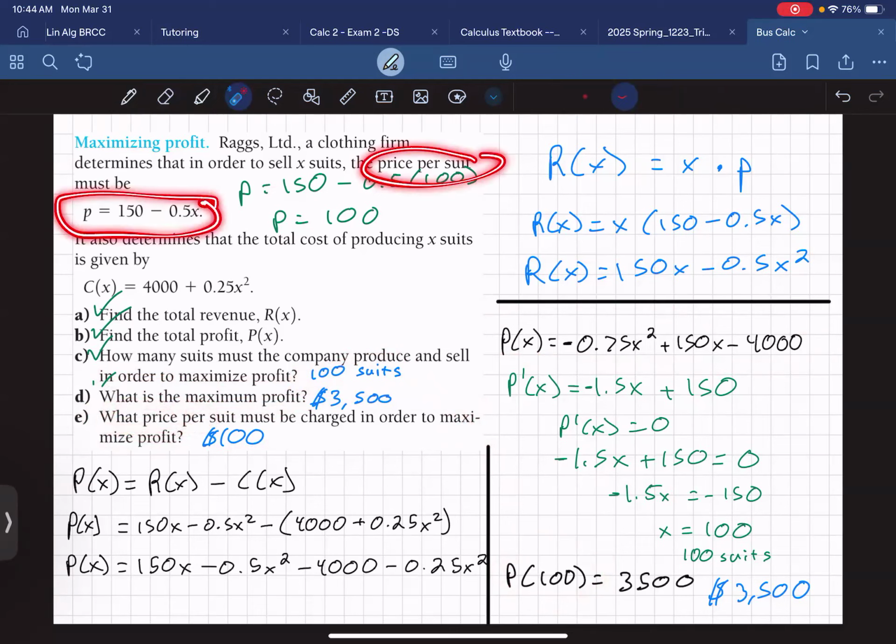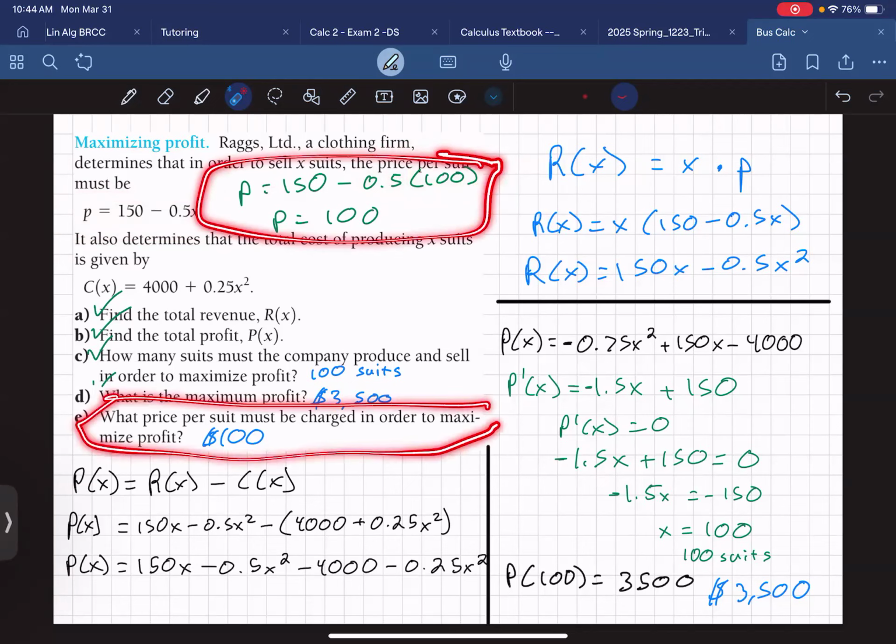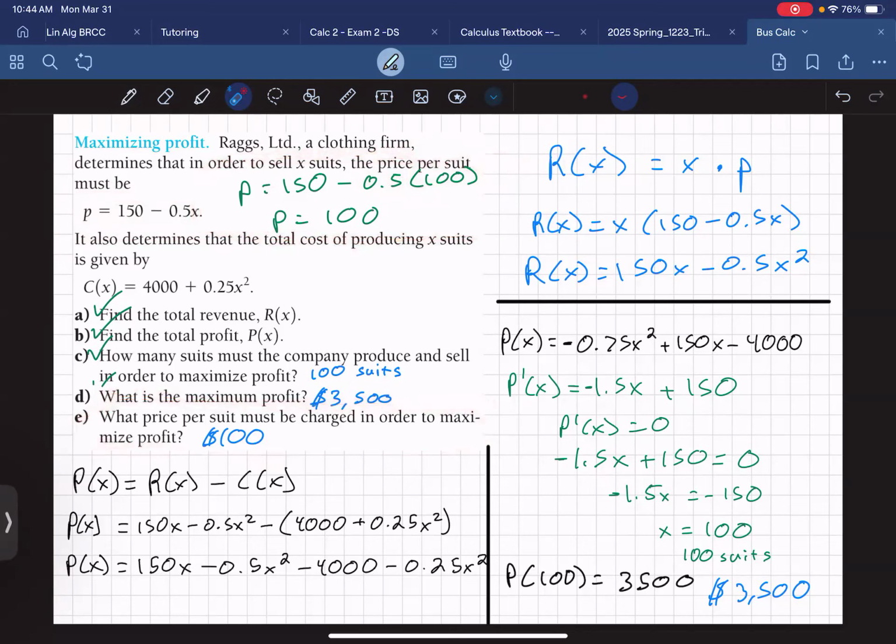If I plug 100 in for X here, as you see I did, that'll give us the price, and that will allow us to identify the price we should be charging for that maximum profit. And that'll allow us to say I got all the pieces I needed here. We're good to go. Are there any questions or concerns with this one I can help clear up for somebody?